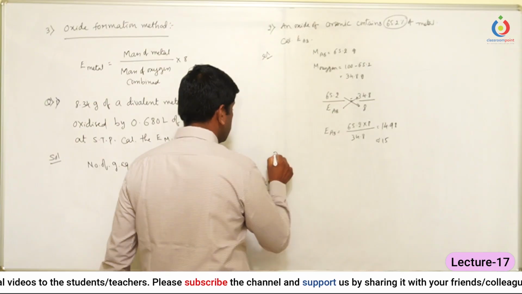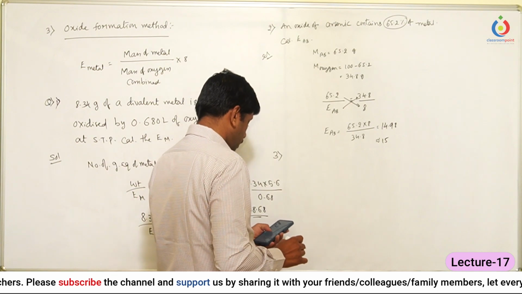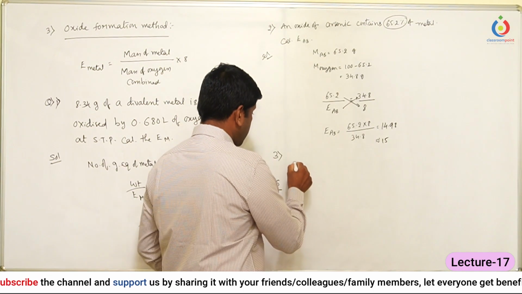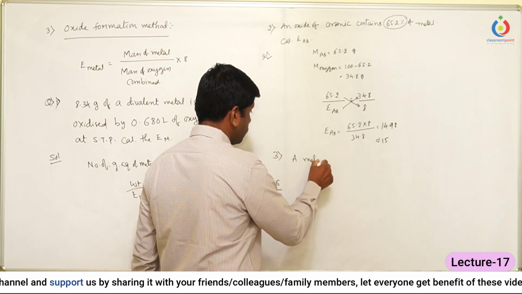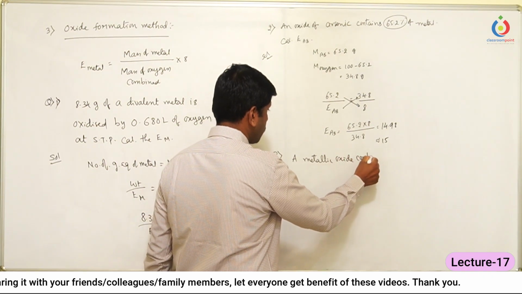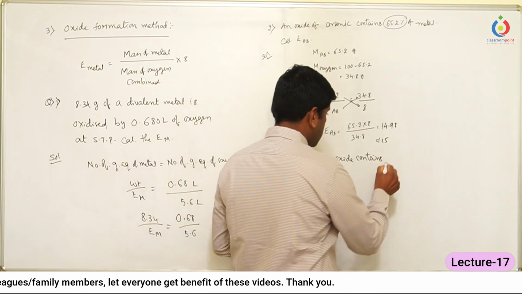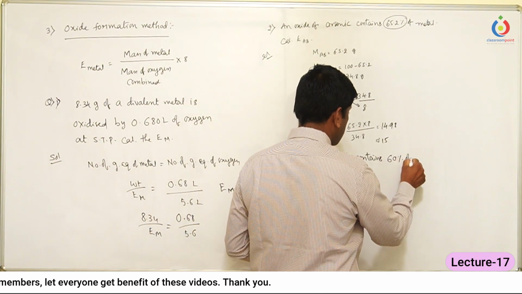And the next question: a metallic oxide contains 60% of metal.